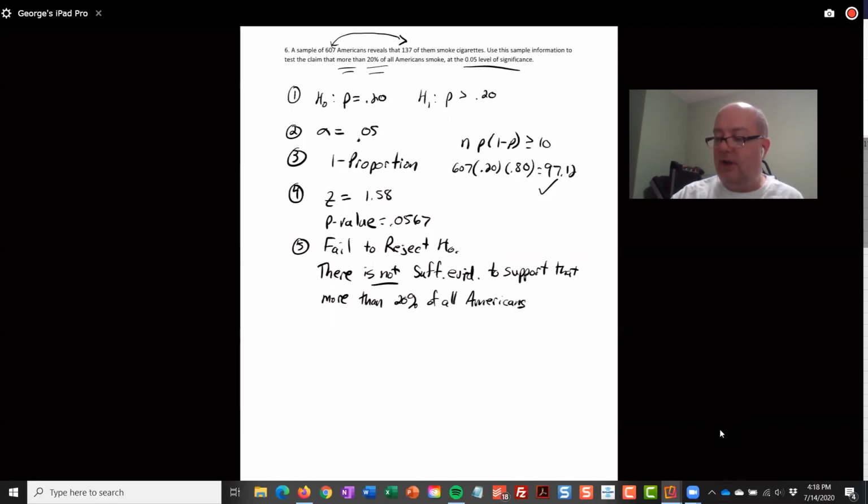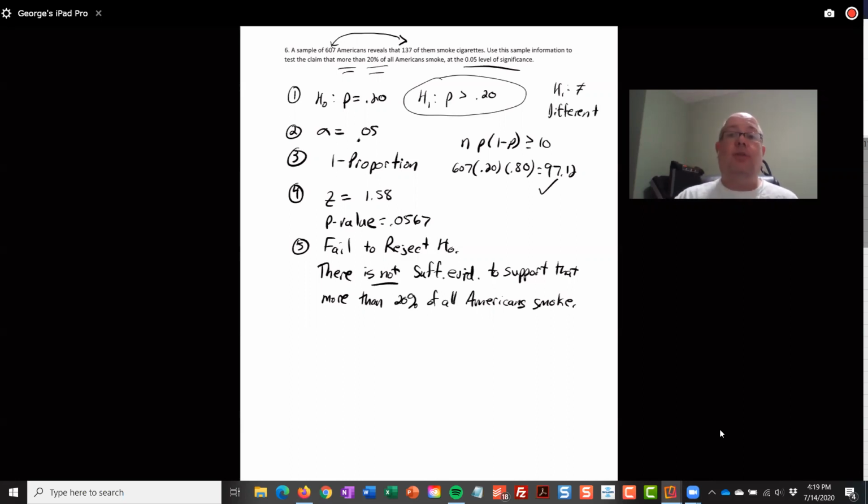Now, one last thing that I want to say about this conclusion is that if H1 is what we call a one-tailed test, greater than or less than, typically the wording in the problem is acceptable to use in the conclusion. However, if H1 is, say, two-tailed, not equal to, that means that your conclusion has to be about being different.